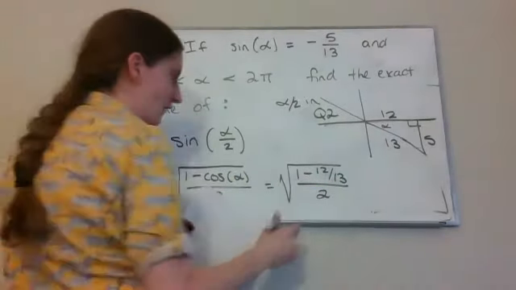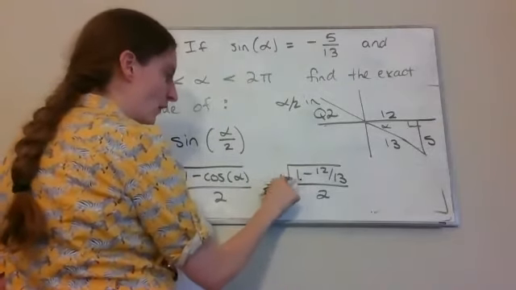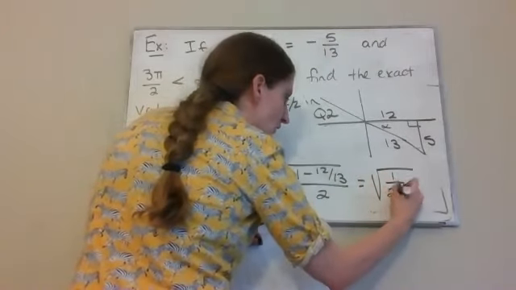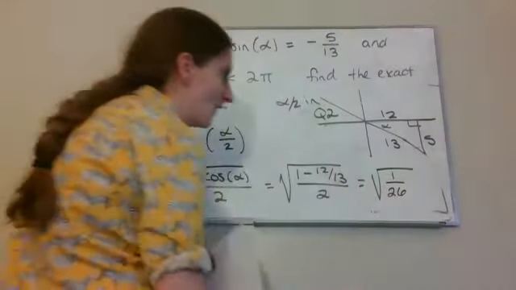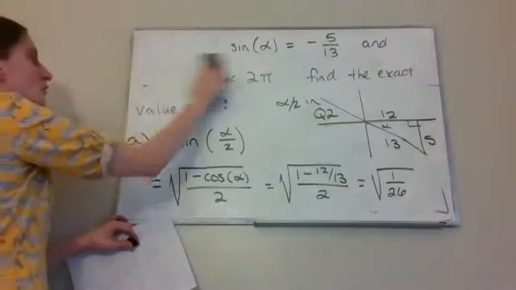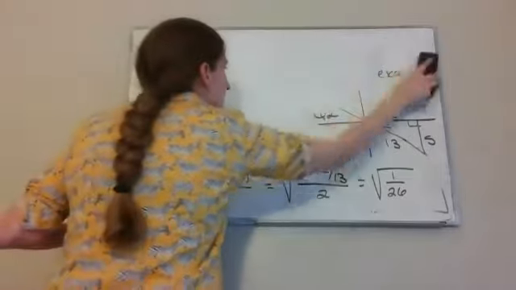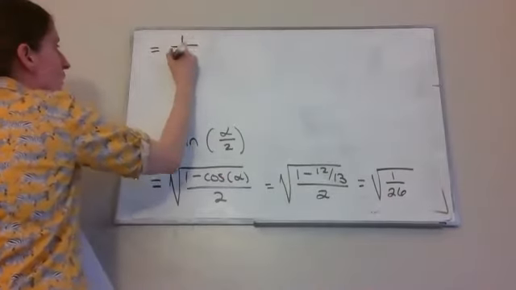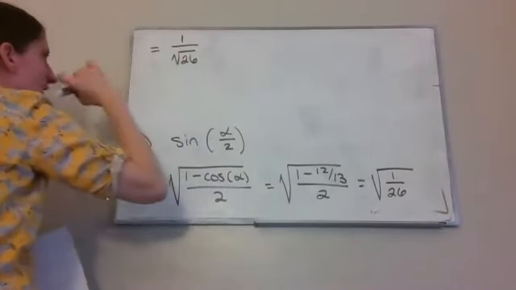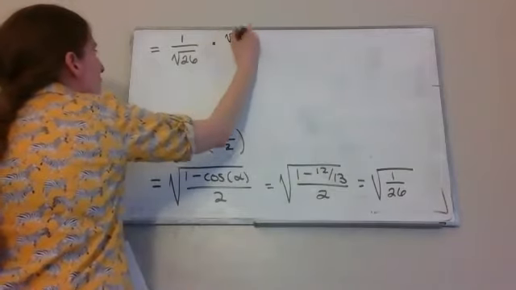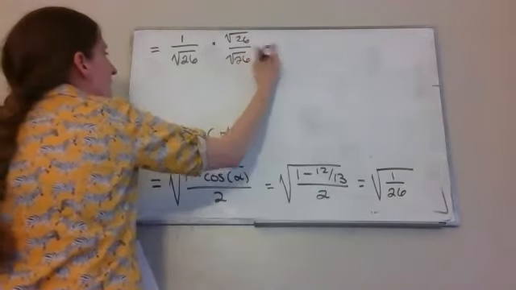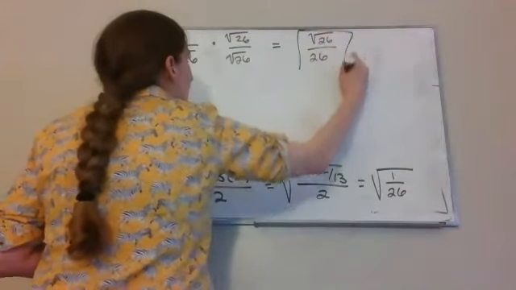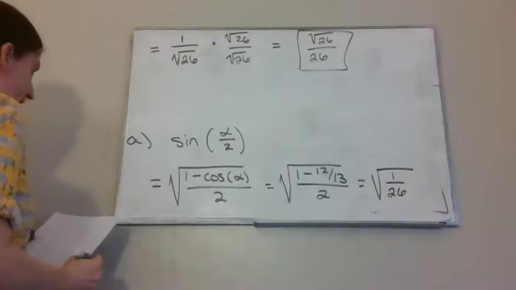And that simplifies to, this is 1/13 over 2, which is a square root of 1 over 26. And that can be simplified further if we want to rationalize the denominator. So this is equal to the square root of 1, which is 1, over the square root of 26. And if I multiply both the top and the bottom by square root of 26, I get square root of 26 over 26. That is my simplified version for sine of alpha over 2.